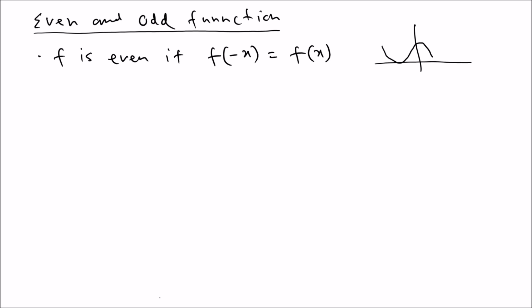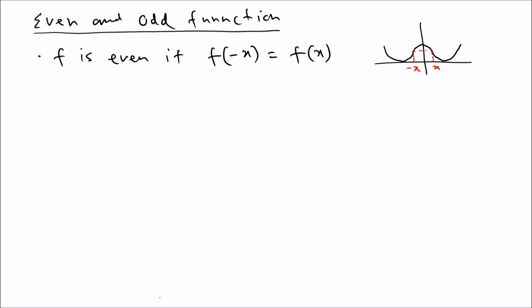So it looks even, like that. The idea is the value at negative x is exactly equal to the value at positive x. That's why it's called an even function. You can cut in the middle. Two sides are the same.